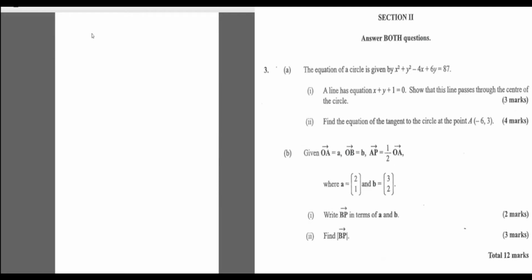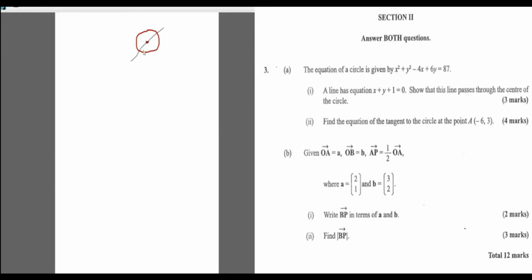To show that the line passes through the center of the circle, what that means is, this is a circle, and let's say this is the center. If a line passes through the center of the circle, it means many things, but most importantly, whatever the point is at the center, that point will satisfy the equation of the line.